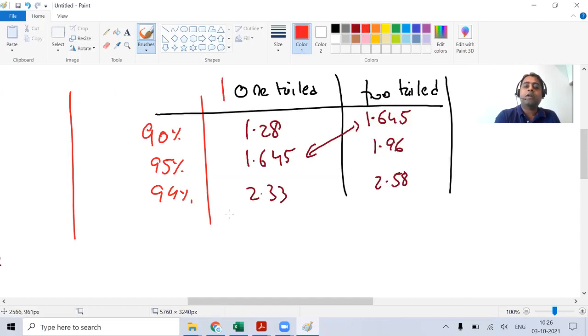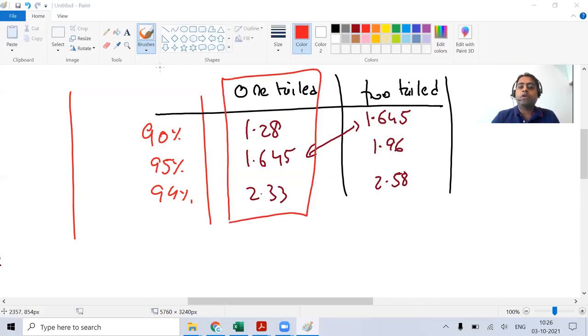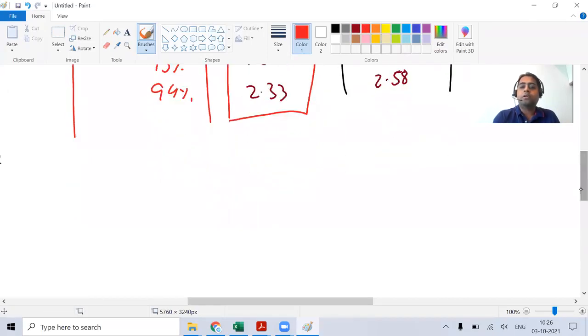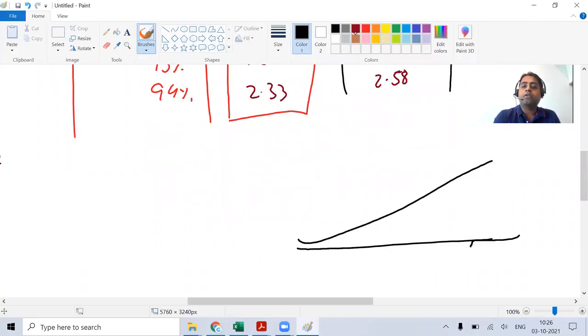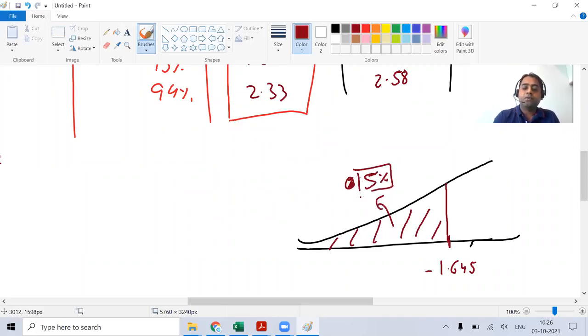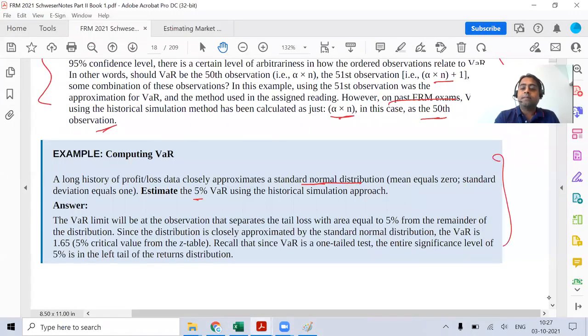Whenever we are talking about VAR, we are explicitly talking about one tail. And hence, for a normal distribution, when we talk about the tail, the value 1.645, the negative one, is the point which bifurcates the 5% area. Hence, if you go to the book, in this example, they have explicitly taken 1.645, which is the 5% critical value of the table.